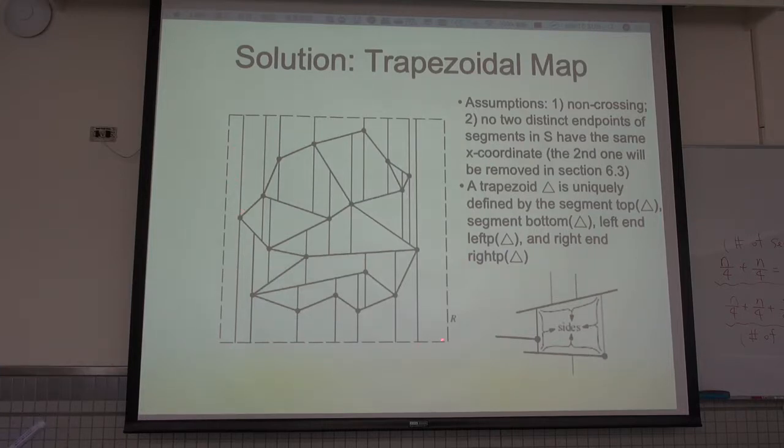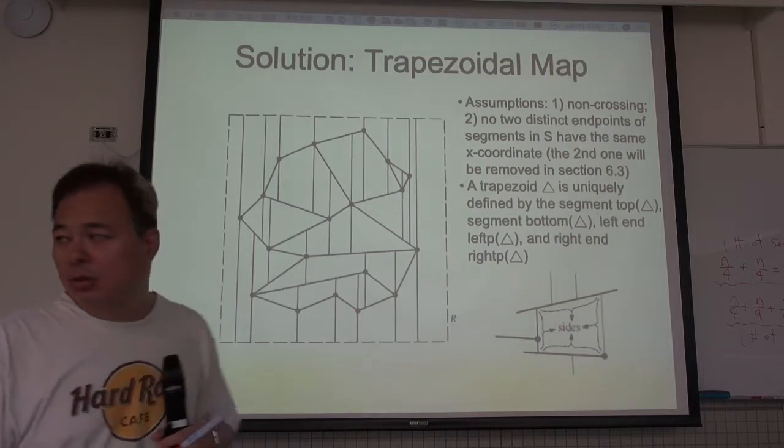In addition to that, we have two assumptions. The first assumption is that the line segments do not cross each other.